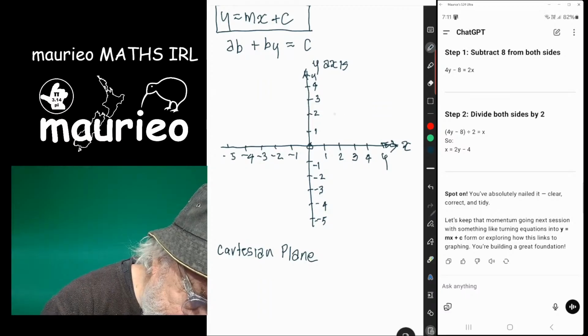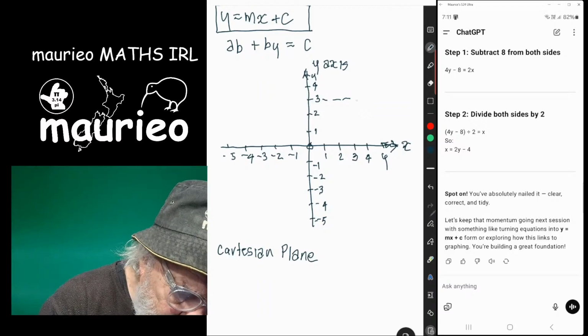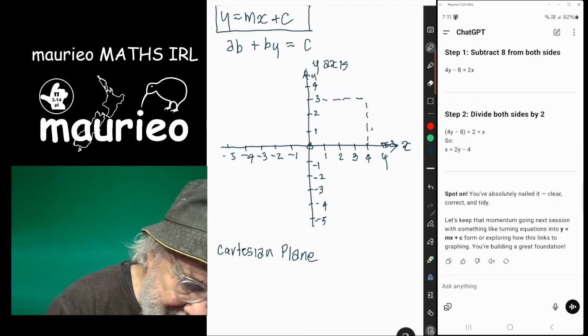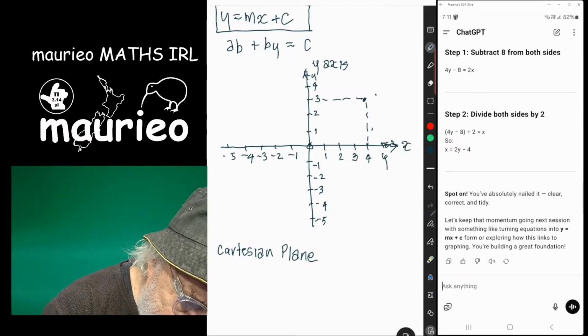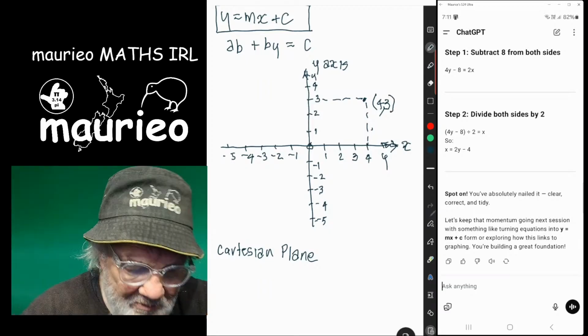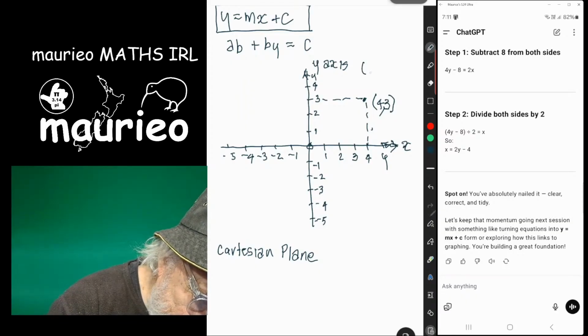So let's say, for instance, if we took a point that was over here, like that there, and that point, now we show the x first, so its x value is 4, and we put that in a bracket, 4, 3. So that would be the point 4, 3. Remember, our coordinates are always in the form x, comma, y.